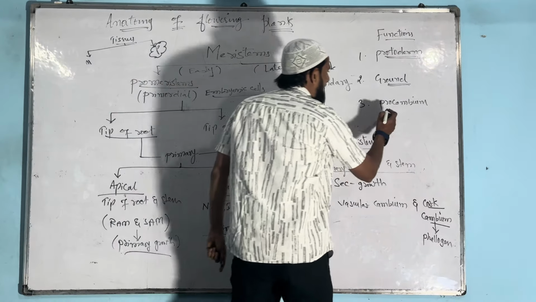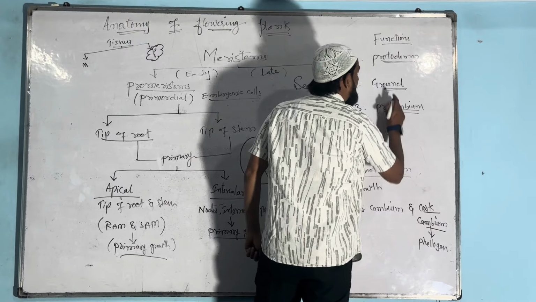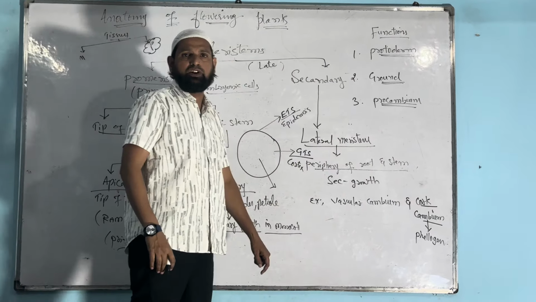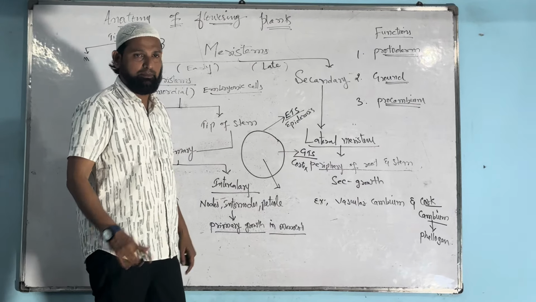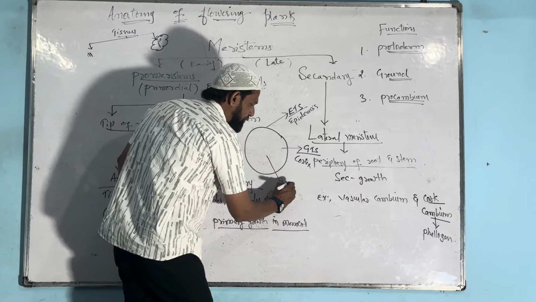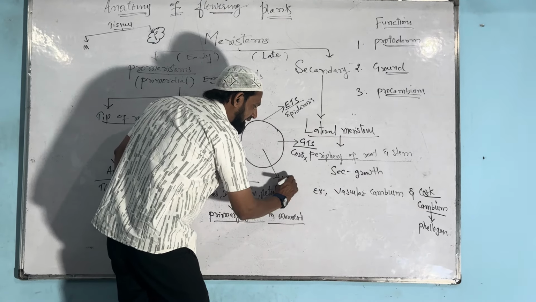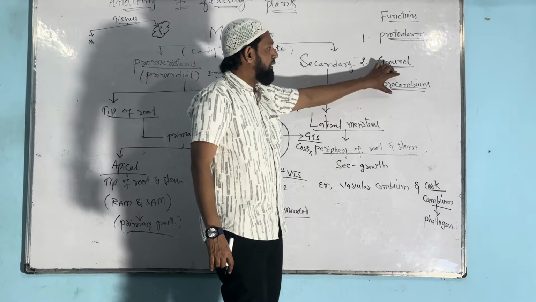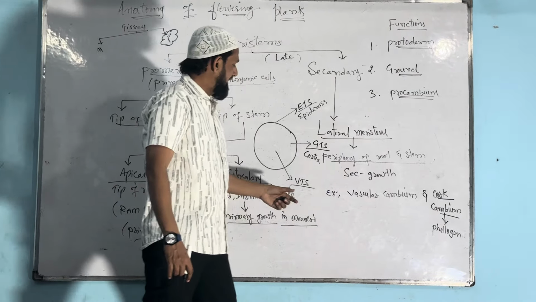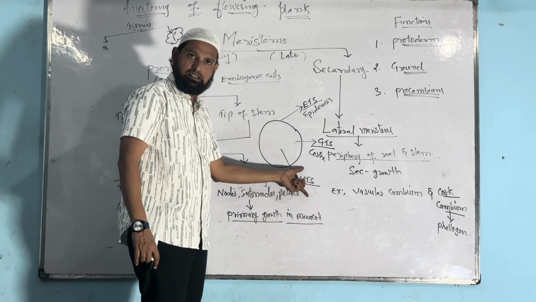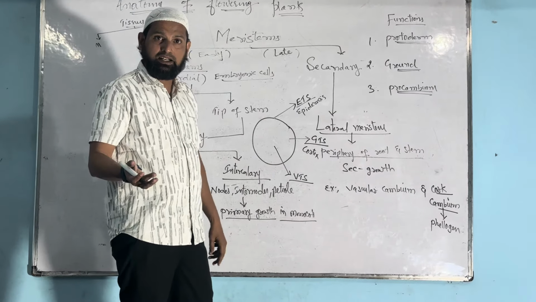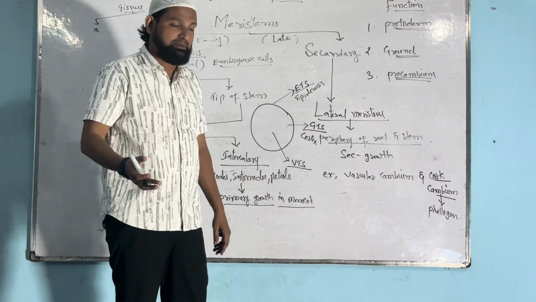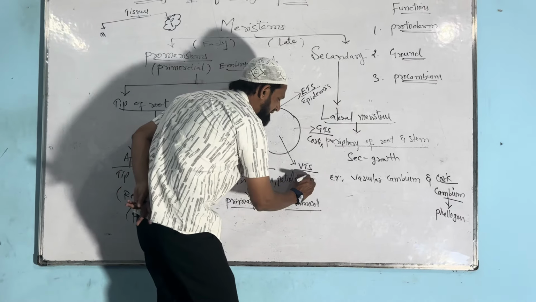Now the third one is procambium meristem, the third type based on function. Procambium gives rise to VTS, the vascular tissue system. Which permanent cells come under VTS?